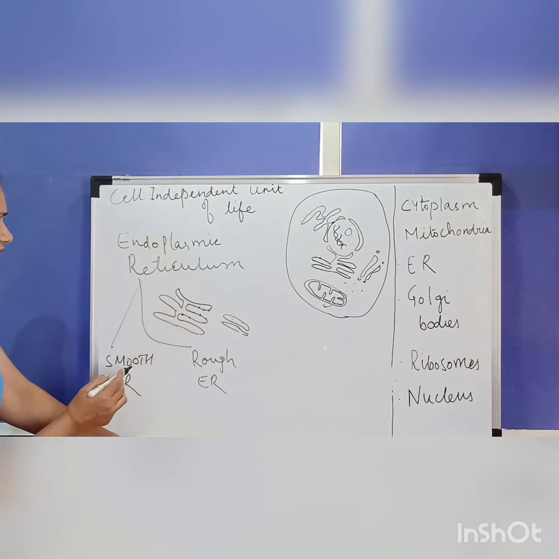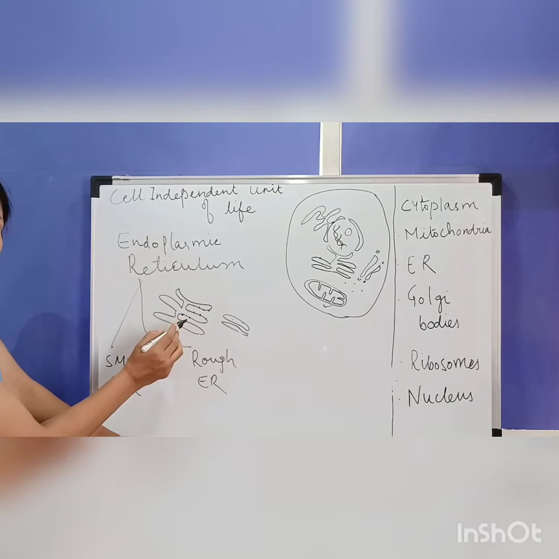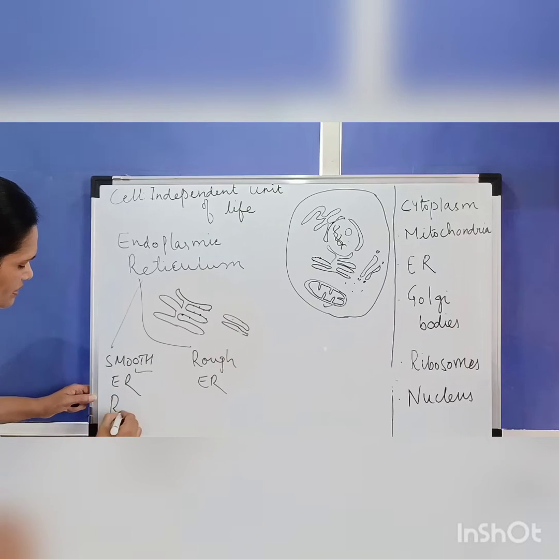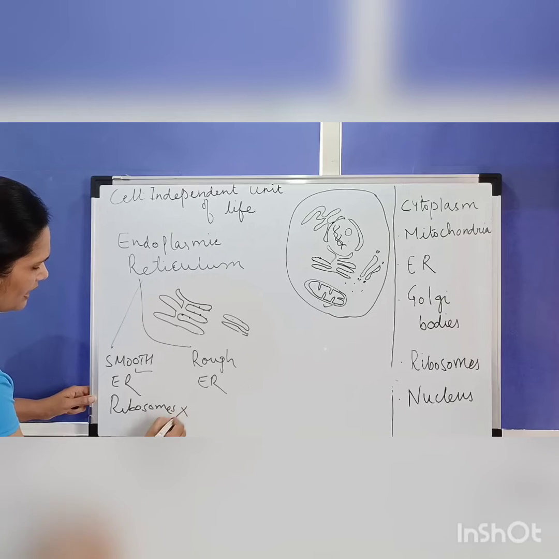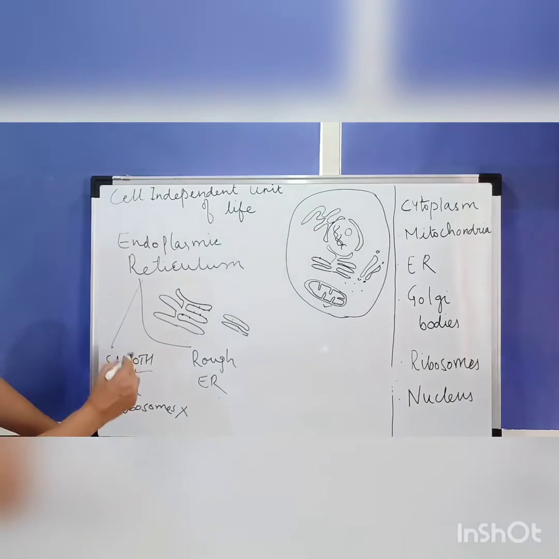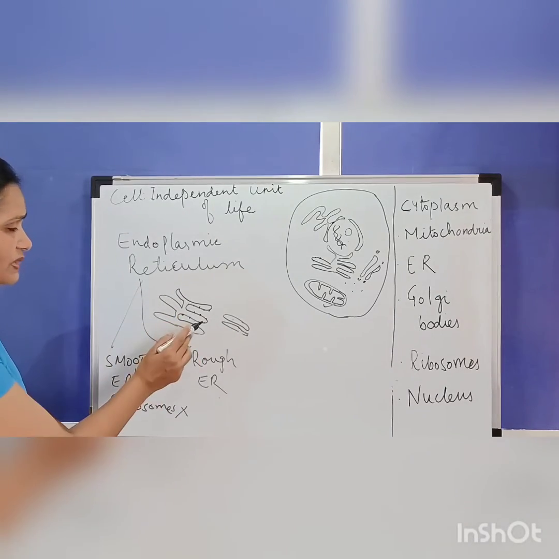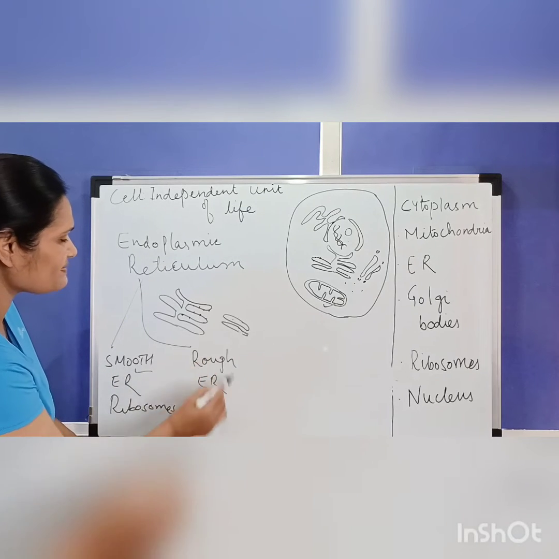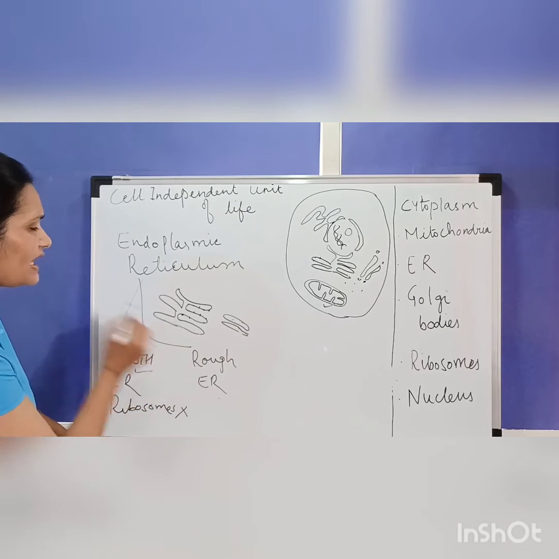When the endoplasmic reticulum does not have ribosomes attached, that is smooth endoplasmic reticulum. Rough endoplasmic reticulum has ribosomes.